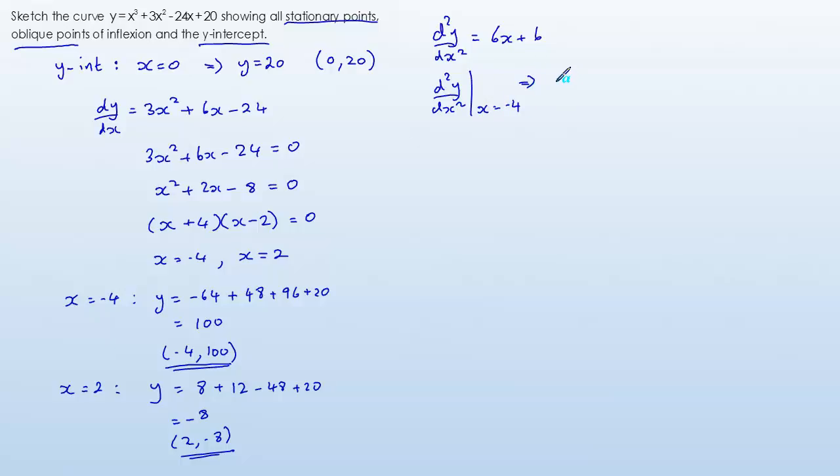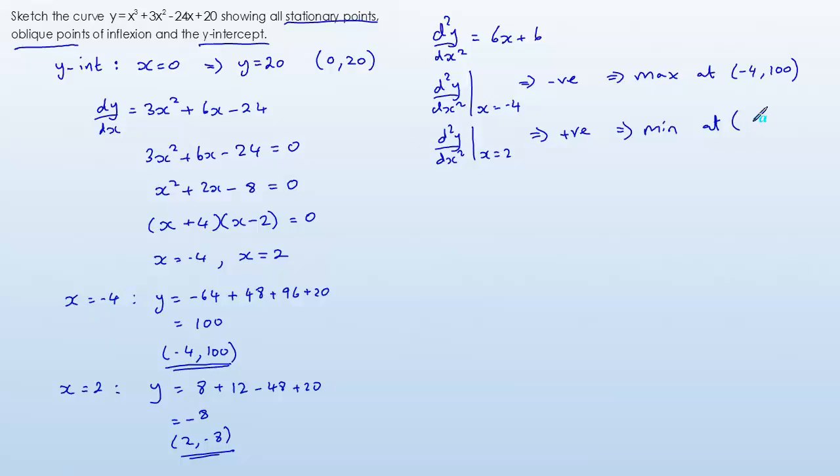That gives us a negative, and that implies that we have a max at negative 4, 100, and then d2y/dx squared evaluated when x is 2 is going to give us positive, so that's a min at 2, negative 8.